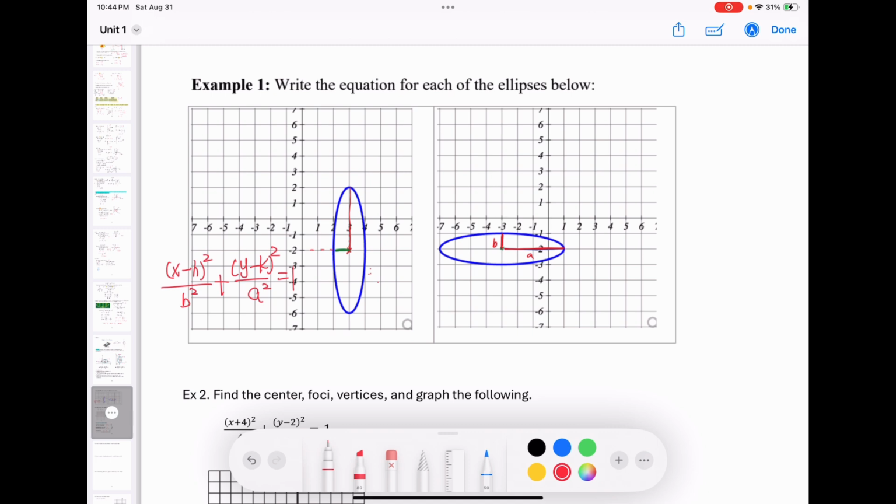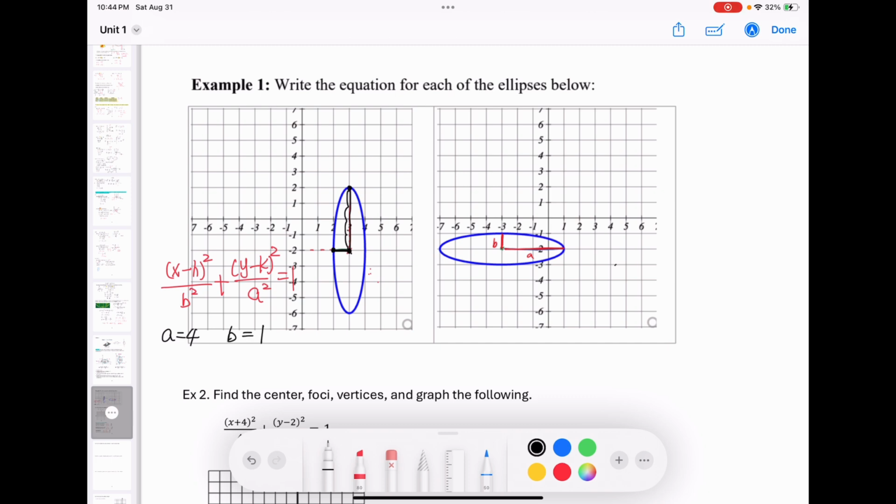And let's see, what is a? We say a is the distance from the center to the vertex. Let's count: 1, 2, 3, 4. So a is 4. And what is b? b is from the center to the co-vertex, it is 1. b is equal to 1.